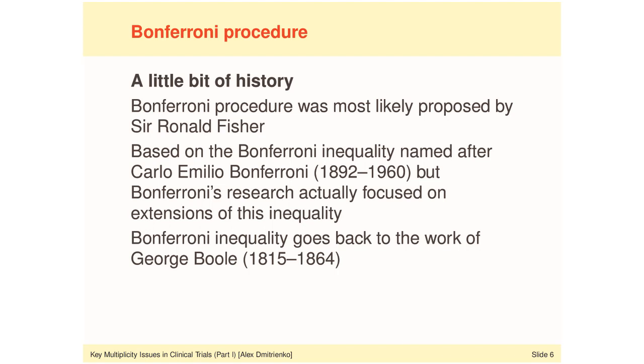The Bonferroni procedure was most likely proposed by Sir Ronald Fisher, and although the Bonferroni inequality is named after the Italian mathematician Carlo Emilio Bonferroni, it is important to note that Bonferroni's research actually focused on refining and improving this inequality, and the actual inequality used in the Bonferroni adjustment dates back to the work of the British mathematician George Boole.